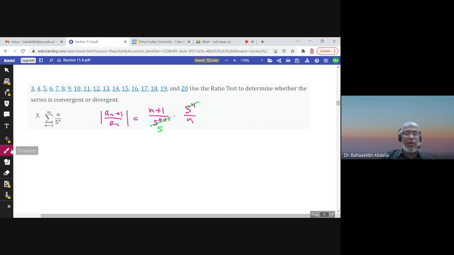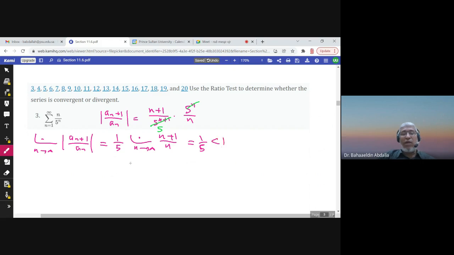So now I can see that the limit of the absolute value of a_(n+1) over a_n when n goes to infinity is 1 over 5. I can take 1 over 5 out because it's just a constant, and the limit of (n plus 1) over n is just 1. So the limit is 1 over 5, and this is less than 1. So by the ratio test, the summation of a_n is convergent.